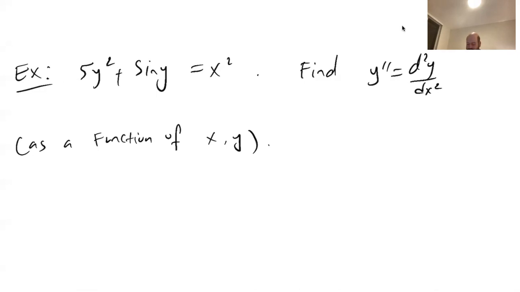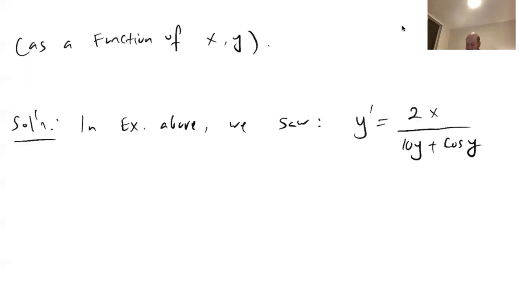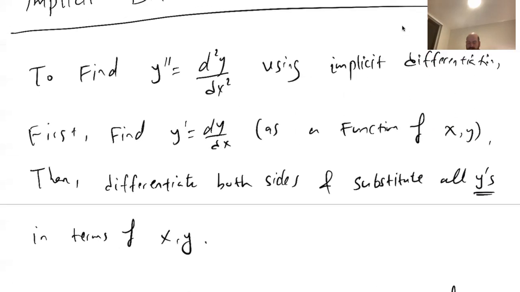So, solution: in the example above, we found the formula for y prime. What was it? Y prime was 2x divided by 10y plus cos y. So we already know what y prime is. Then to find y double prime, differentiate both sides of this equation.